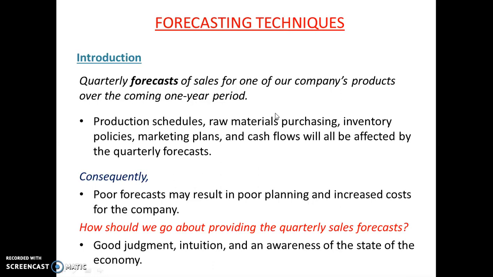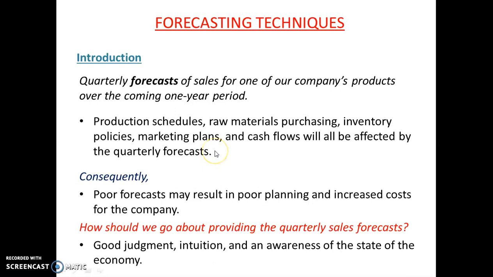So here we are going to choose one company and focus on the company's benefits. Production schedules, raw materials, purchasing, inventory policies, our marketing plans, and cash flows will be affected by the quarterly forecast.